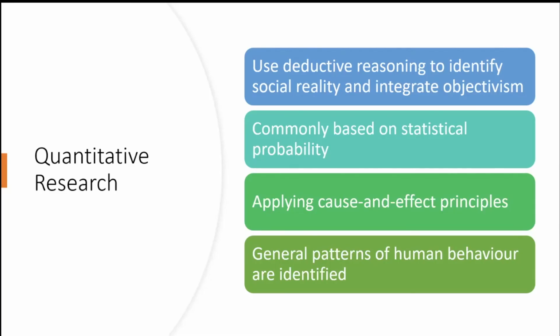Sometimes we also apply the cause and effect principle here, that because this is correlated maybe or not correlated, then you understand if this is happening, this will happen, or if this is happening, this does not happen. And that is how, like if it is a high probable scenario or not, those things are identified through statistical analysis. And therefore, these are also very important research methods.